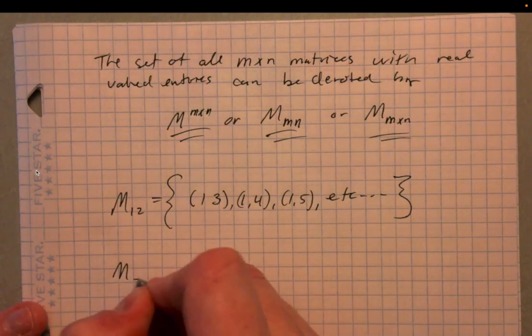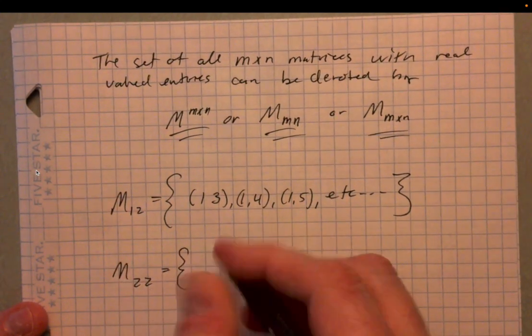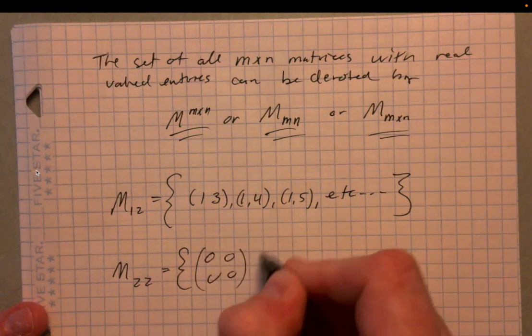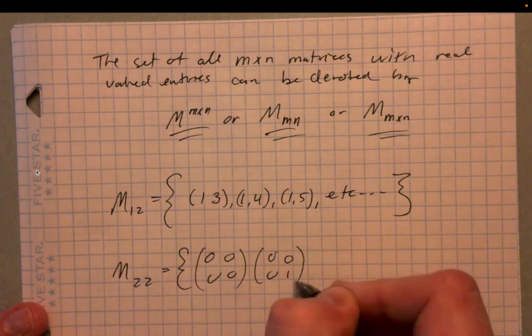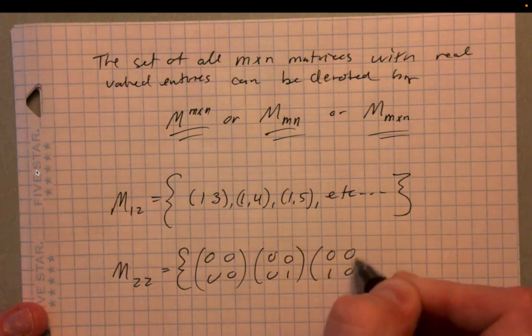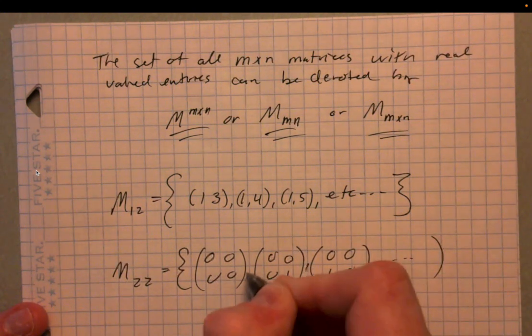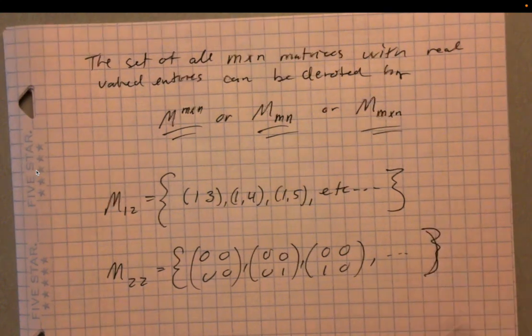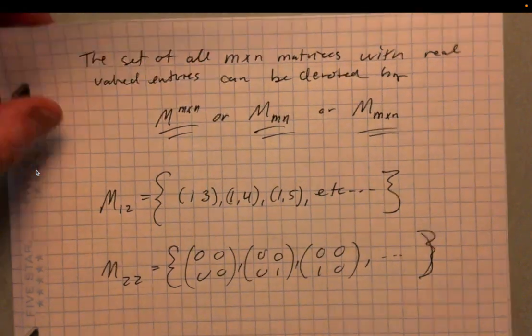M22 here we're talking about 2 by 2 matrices, so that's the set of all 2 by 2 matrices. And so on. Sometimes this notation will come up, and it's just a way to denote this infinite set of matrices of a particular dimension.